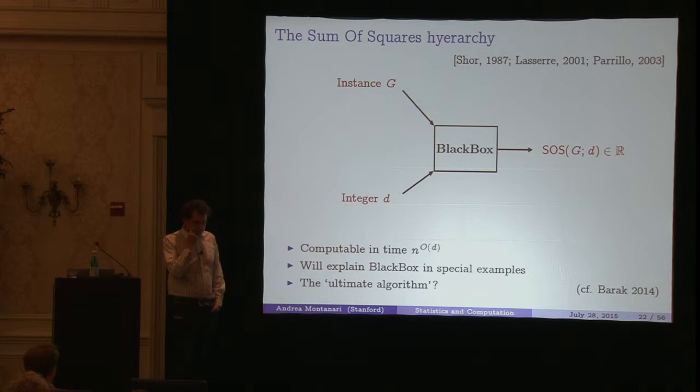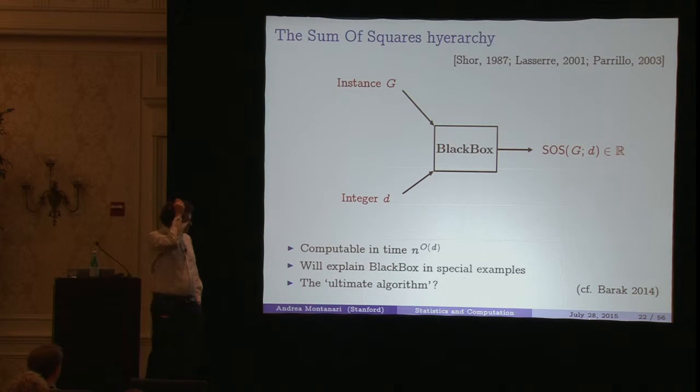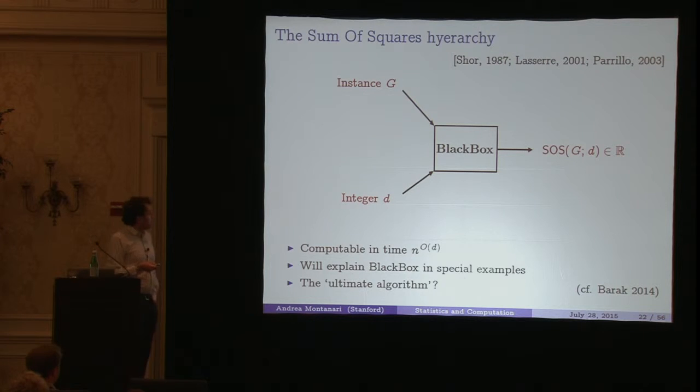Okay, so what is the sum of squares hierarchy? This really picked up after papers by Lasserre and Parrilo in the early 2000s and was present in the Russian literature before. Think of it as a black box. You give it an instance of the problem, for instance, in our case, a graph and an integer d, and it spits out a number that is the result of some convex optimization problem.